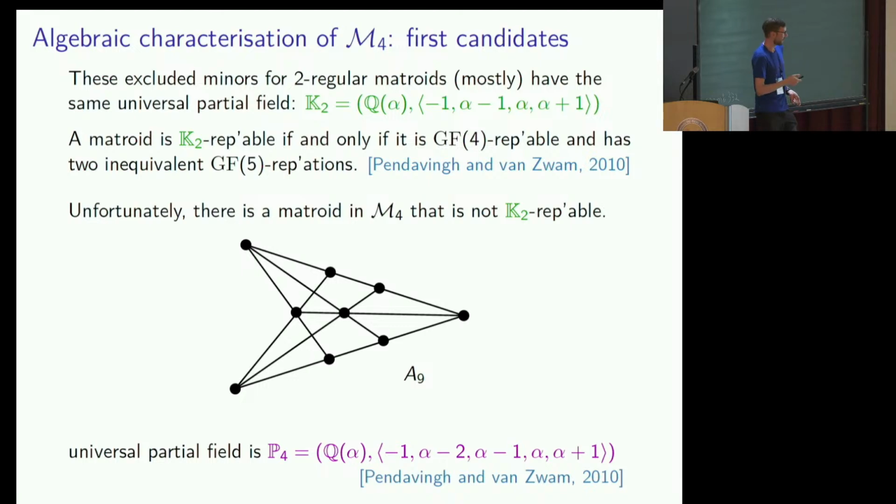And we get this P4 partial field where what's changed from K2 is we've now got this alpha minus 2 appearing here. So we can also have factors of alpha minus 2 or powers of alpha minus 2 appearing in our subdeterminants. So that was the sort of state of play of this back in 2010, I guess.